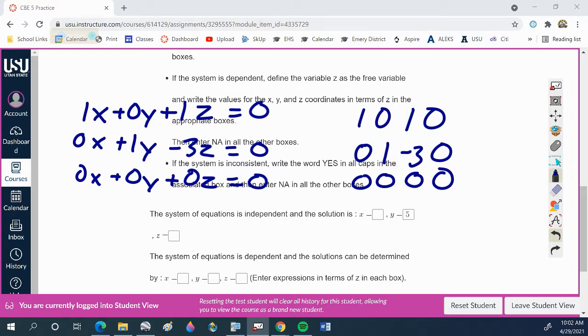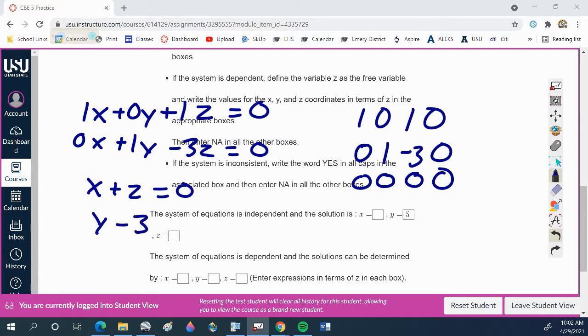The bottom row doesn't tell us any information other than we have infinite solutions, so I can forget that. And then the top 2 rows can be simplified to x plus z equals 0 and y minus 3z equals 0. She's saying they both equal 0.